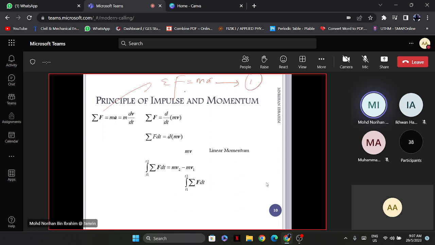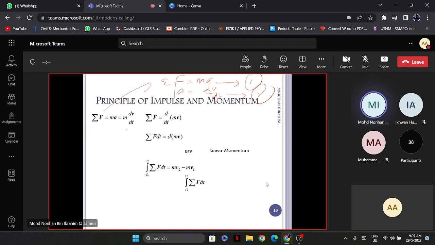So here is the kinetic equation of motion. We also need to consider another equation, which is a is equal to dv over dt, the kinematic equation of motion for the second one. Combining both, at the end, we can obtain another equation, which is called the principle of impulse and momentum.